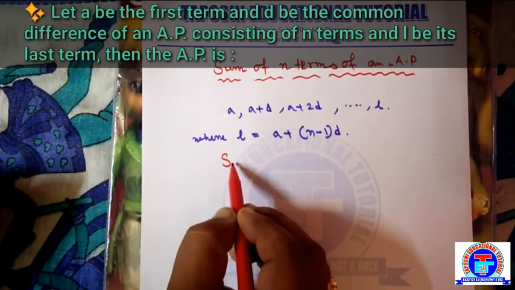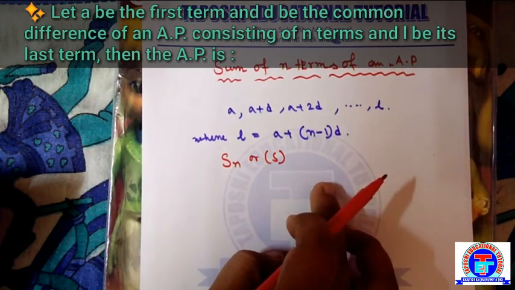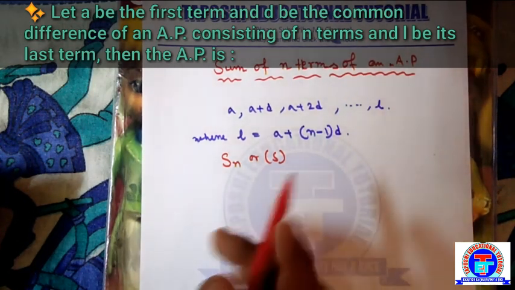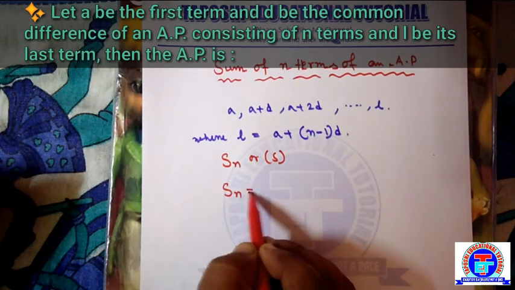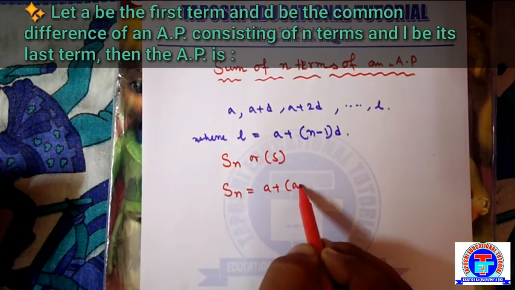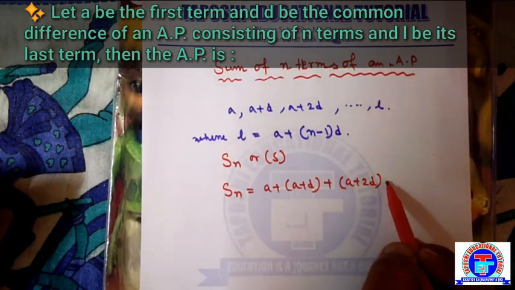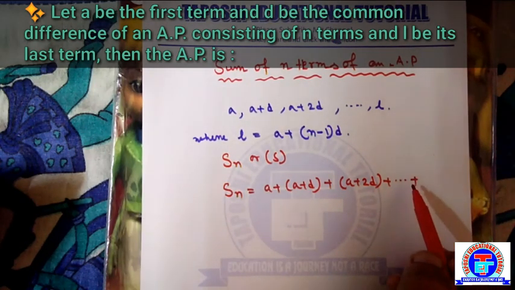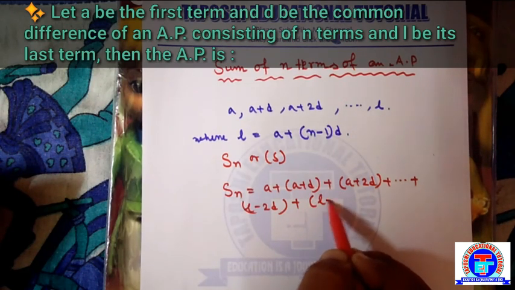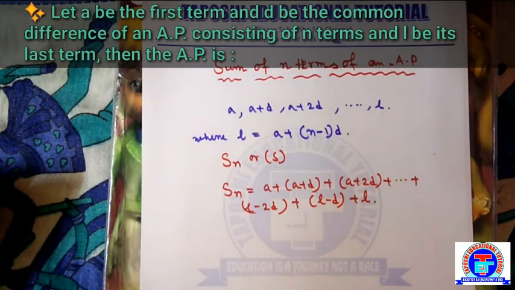Right? If Sn denotes the sum of the first n terms of the AP, then we can write Sn is equal to A plus (A plus D) plus (A plus 2D) plus dot dot dot plus (L minus 2D) plus (L minus D) plus L. Right?